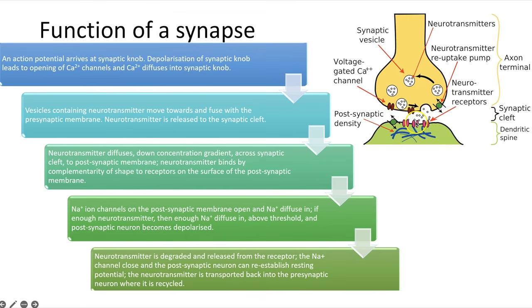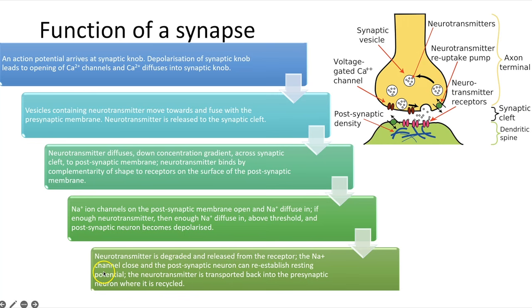Those neurotransmitters do not remain permanently bound to the receptors though, because if they did, that would result in the action potential constantly being generated in the postsynaptic neuron, even if there was no longer a stimulus there. So the neurotransmitter has to be released from the receptor. The way that happens is the neurotransmitter chemicals are broken down or degraded, and that causes them to be released from the receptor.